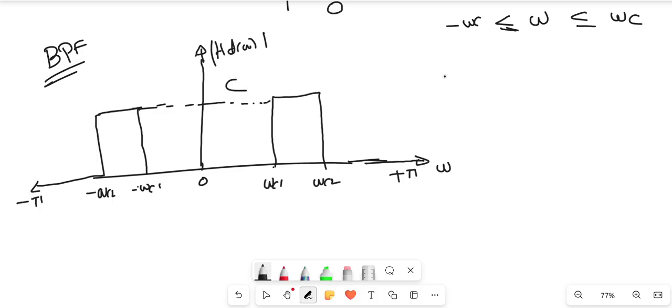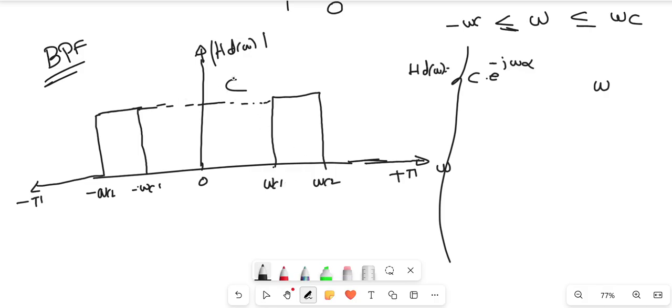So how can you write the desired frequency response? Hd of omega will be C into e power minus j omega alpha, where the band pass filter is between this range only: minus omega c2 to minus omega c1, and plus omega c1 to omega c2.